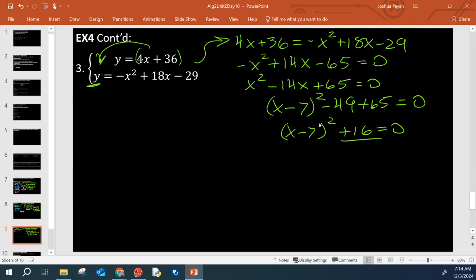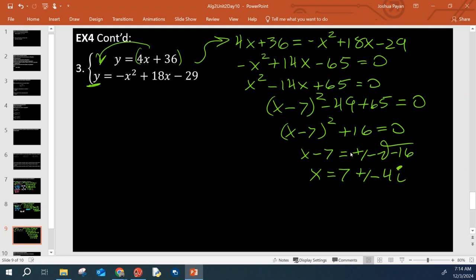Subtract 16 and then take the square root. So now I've got x minus 7 is equal to plus or minus the square root of negative 16. And then I add 7 and simplify this square root. So x is equal to positive 7 plus or minus 4i.